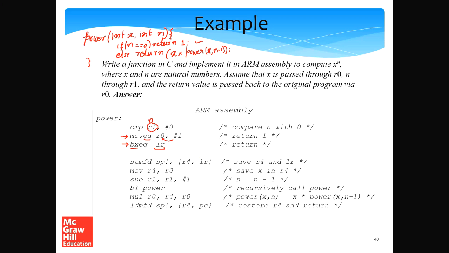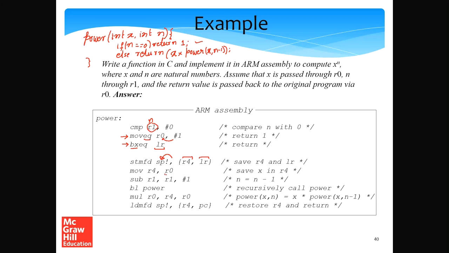Since it's a recursive call, definitely the return address register will get overwritten, so we save it. Along with that, we save a temporary register R4, because this also will get overwritten. So we save R4 and LR on the stack using the STMFD instruction.